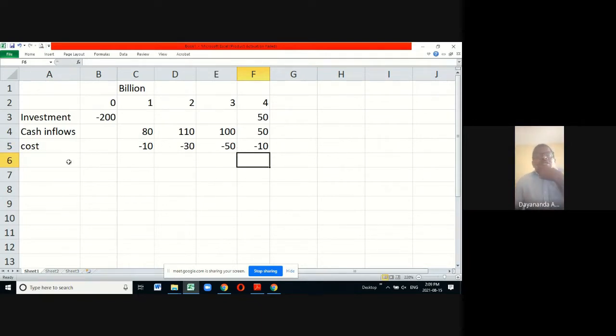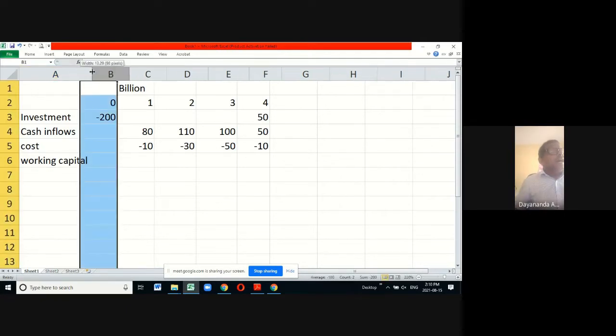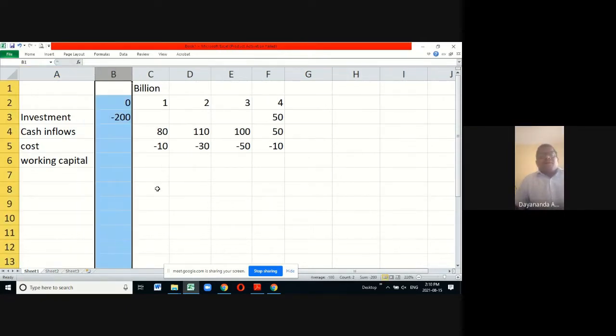That is the cost or the cash outflow. And also, when you start a project, you need what you call working capital. You can't just do a project. You need the working capital. So working capital investment, like suppose you are starting a daily shop, a normal supermarket.